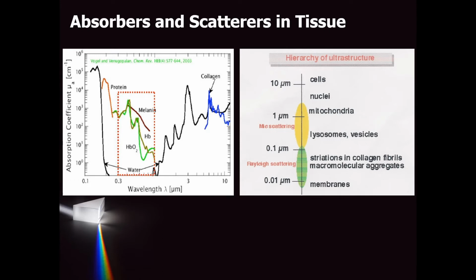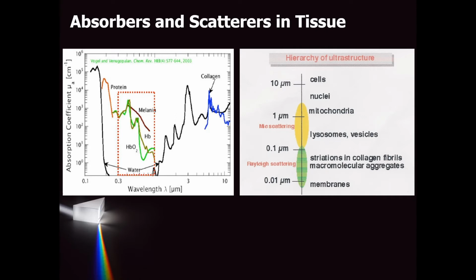Water is very broad and is very interesting for us because in this wavelength region, between 300 nanometers and 1000 nanometers, its absorption is very low, and that's why water appears transparent when we look at it. There are other proteins and hemoglobin. Hemoglobin is a big part and it comes in two flavors, oxyhemoglobin and deoxyhemoglobin.